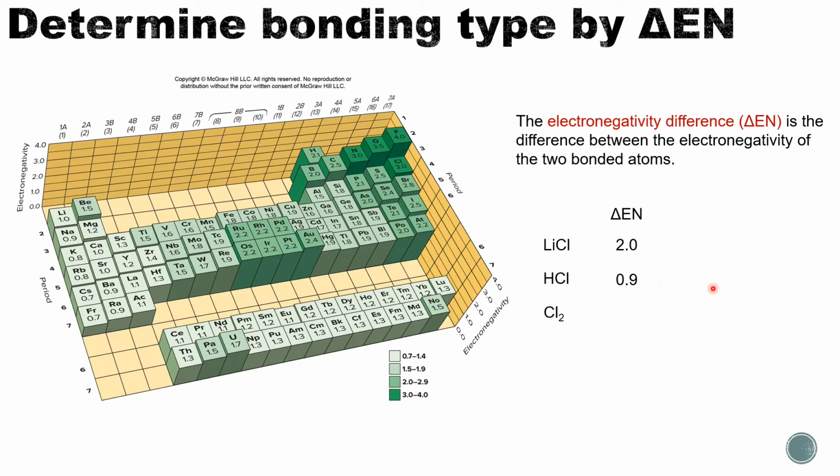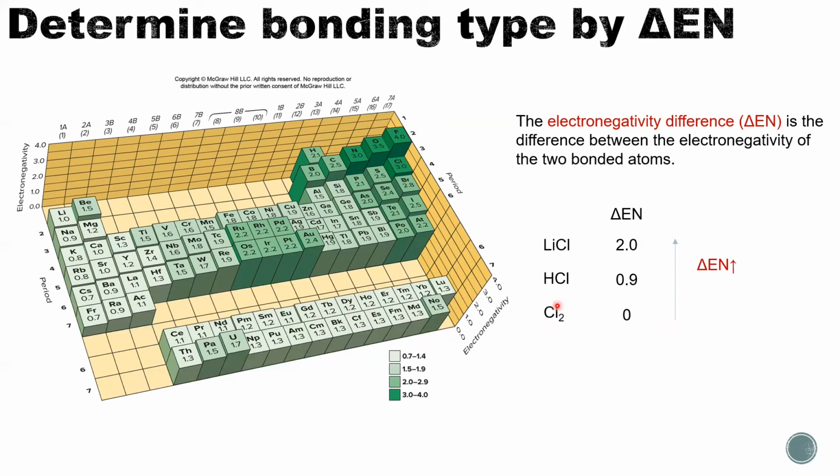The same thing for chlorine gas: it's 0, because chlorine gas is made up of exactly the same chlorine atoms. So they have the same electronegativity, and the difference is 0. Okay, so you can see from bottom to top, the electronegativity difference increases, right?